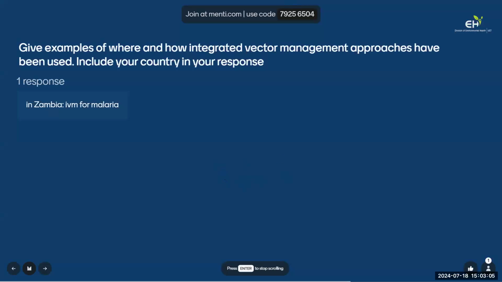And also nets, impregnated, meaning that 2, 3, 4, 5 different diseases can be managed by using nets within the context of IVM.